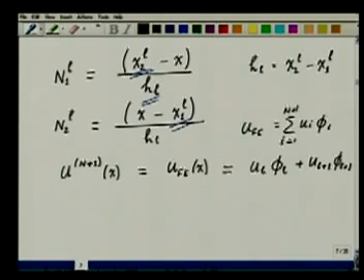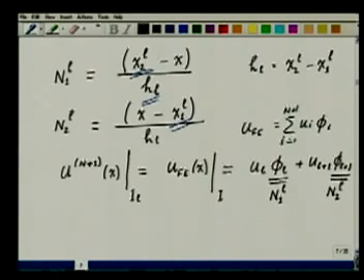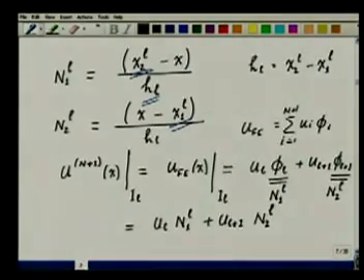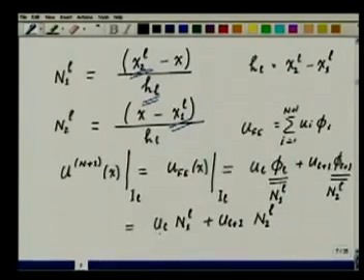Now we know that this phi L in the element is equal to N1 of L, and phi L plus 1 in the element is equal to N2 of L. So this u_FE in the element IL is equal to UL into N1 of L plus UL plus 1 into N2 of L. Now these UL and UL plus 1 are global quantities because they were defined with respect to this series.